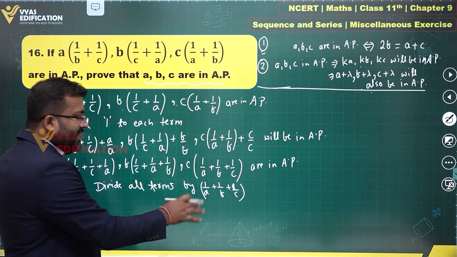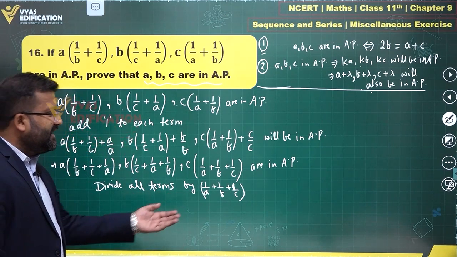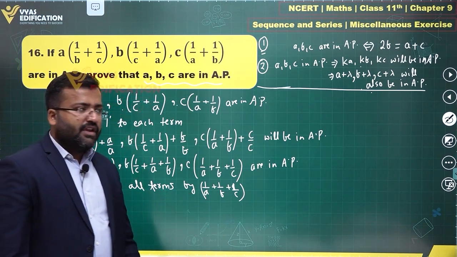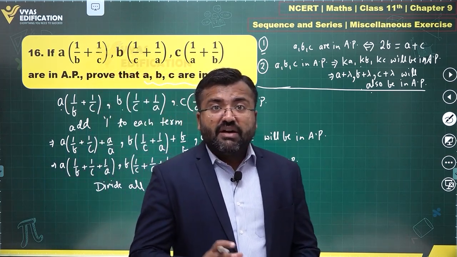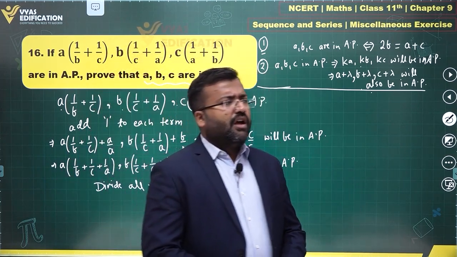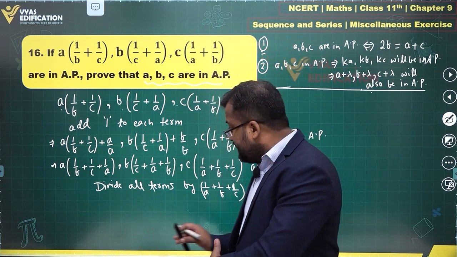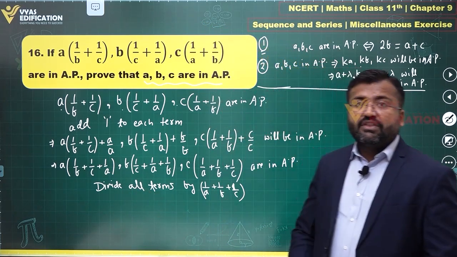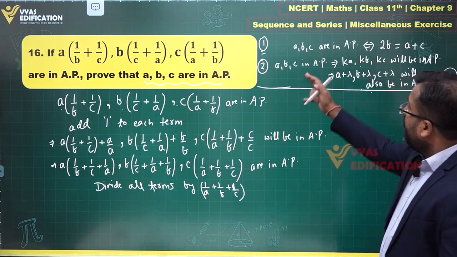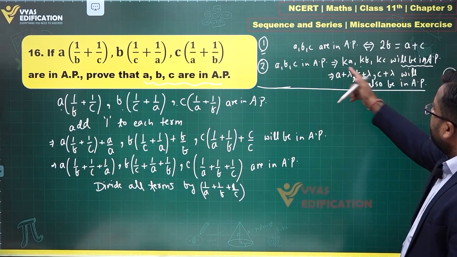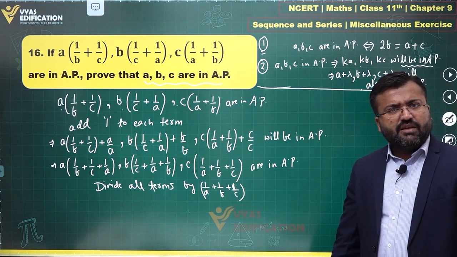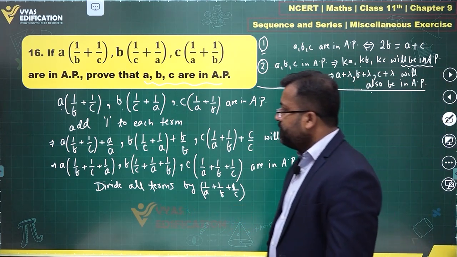You are dividing by this, or you are multiplying by the reciprocal of this. One and the same thing, right? So dividing by this or multiplying by the reciprocal of this, if each term is multiplied with the reciprocal of this expression, then the resulting sequence will also be an AP. Multiplication by the same constant will also be an AP.